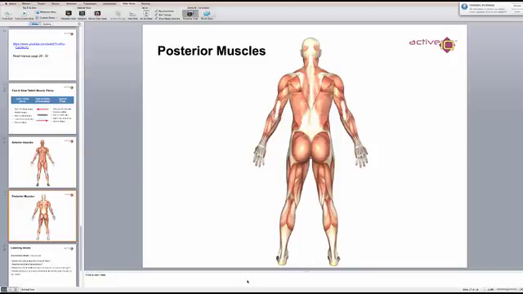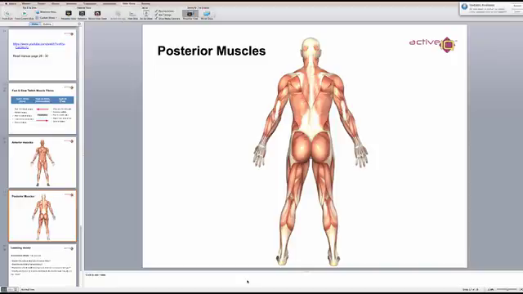In most cases, one end of the muscle is in a fixed position, while the other end moves during contraction. The origin is the attachment site that doesn't move, and the insertion is the bit where we have the movement. So what you need to do, guys, is go to page 36 of your manual.